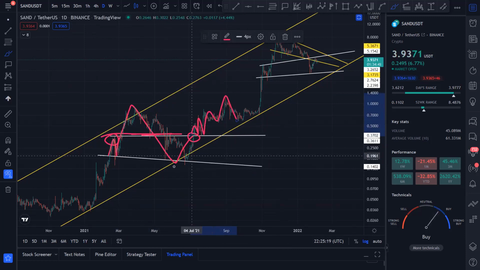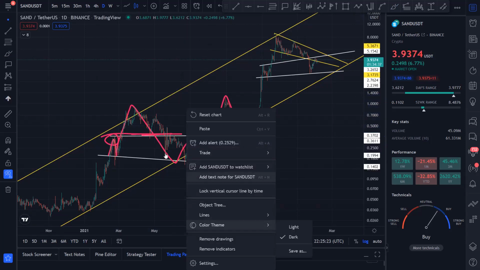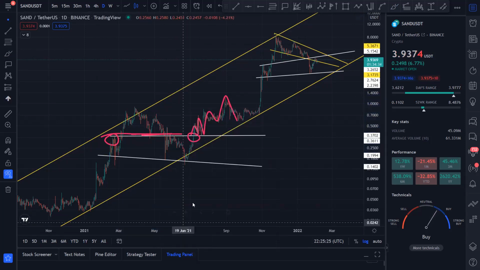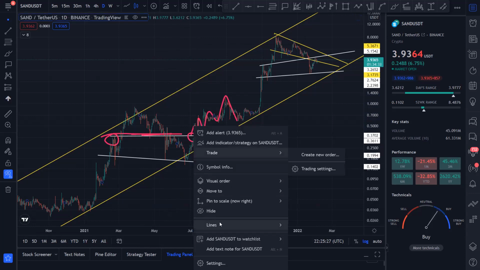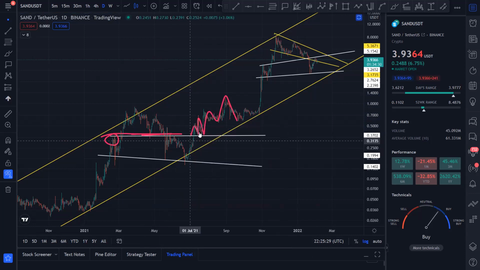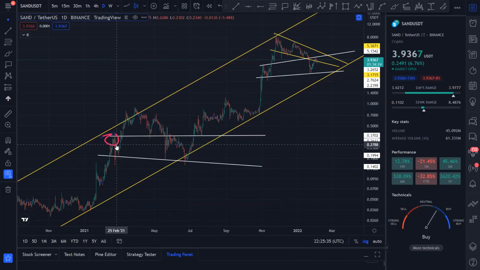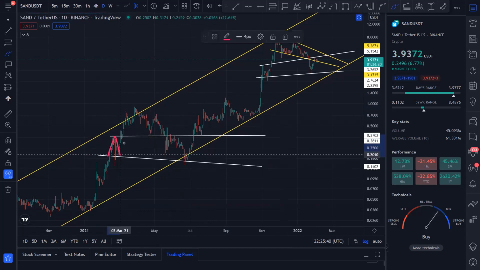But when we were right over here, give me 1 second, let me draw this a little bit better. When we were right over here, we created this pattern.